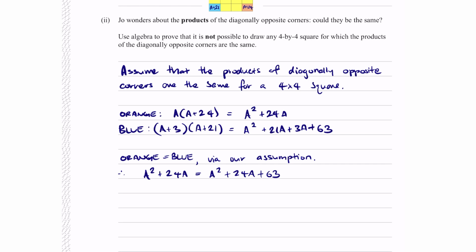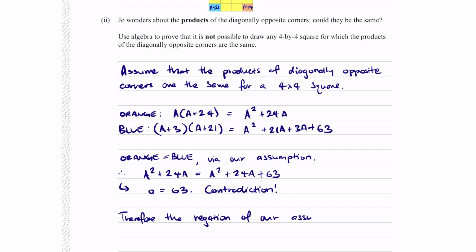Now, if we rearrange this equation, the a squareds are going to cancel and the 24a's are going to cancel, and we're going to be left with 0 is equal to 63. This is a contradiction. This doesn't make any sense. 0 cannot be equal to 63. So we're going to say contradiction. Therefore, the negation of our assumption is true.